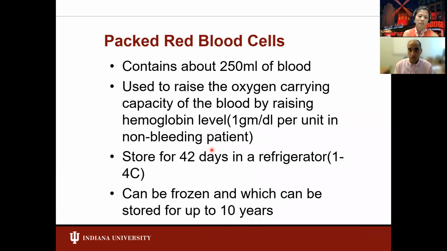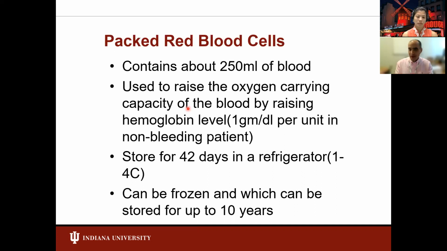So I mentioned packed red blood cells. This contains about 250 milliliters of blood, and it's used acutely to raise the level of blood. On average, it raises your hemoglobin by 1 point. So if your hemoglobin is 6 and you get 1 unit of red blood cells, it goes up to 7.